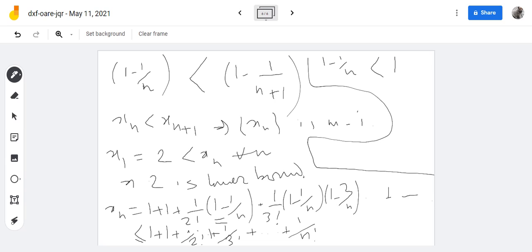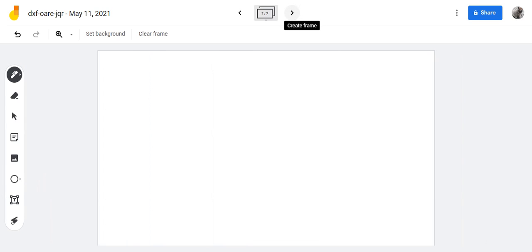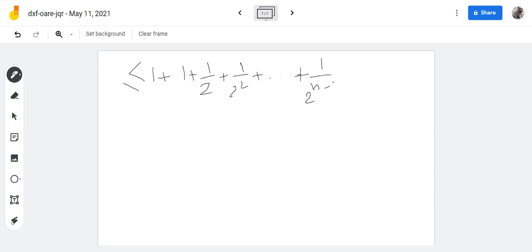Is that clear? So finally, since it is greater than or equal to, 1 plus 1 plus, in place of factorial 2, I'll simply write 2. In place of factorial 3, I will write 2 square. Similarly, plus 1 by 2 to the power n minus 1.